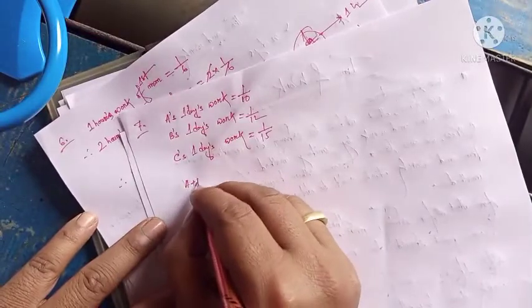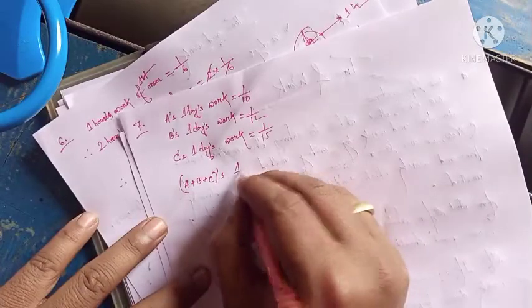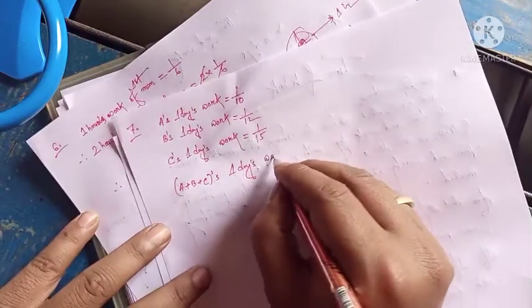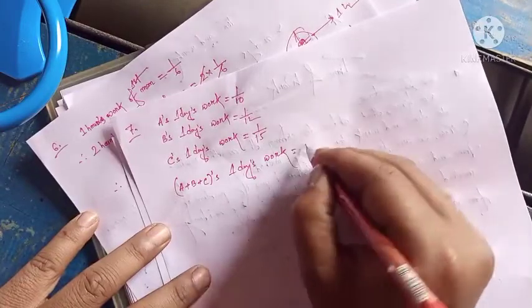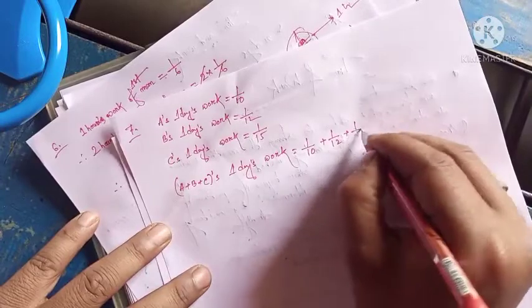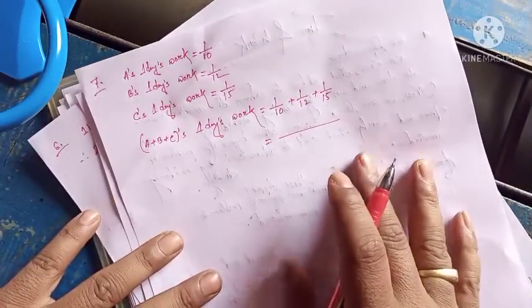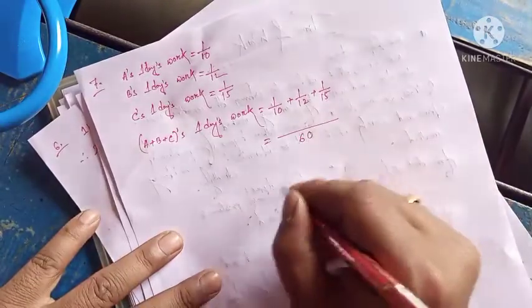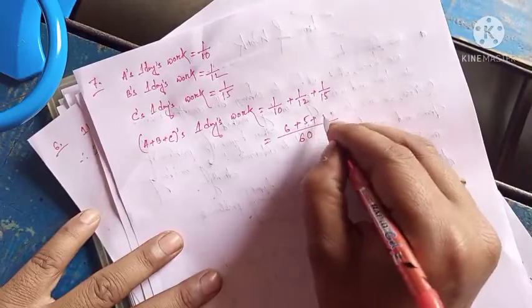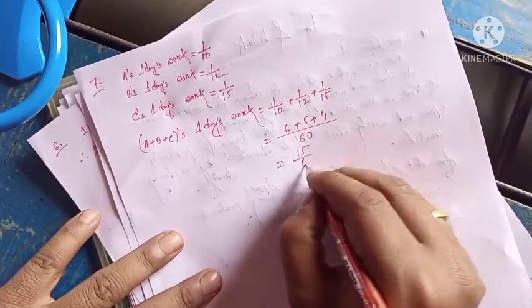A plus B plus C is 1 day's work. That means if they work together, then in 1 day they can do 1 by 10 plus 1 by 12 plus 1 by 15 of the work. So what is the LCM? 60. Yes, 60. So 6 plus 5 plus 4, so 15 by 60.